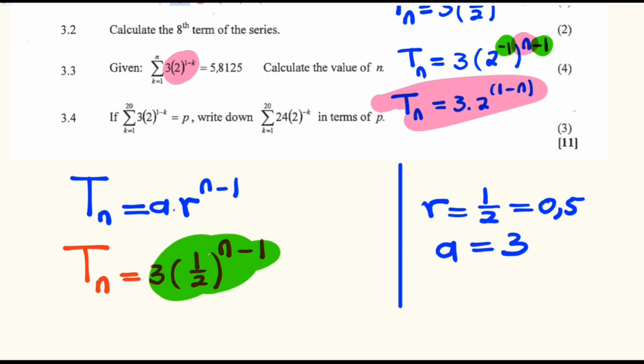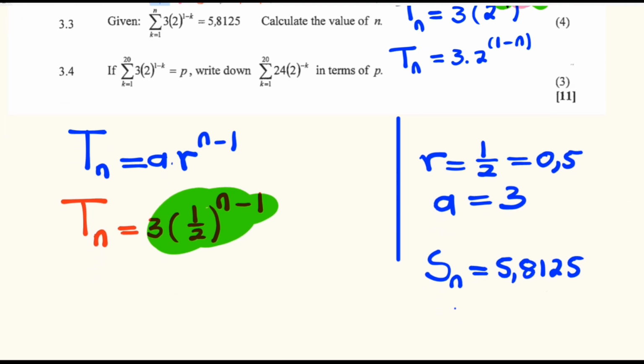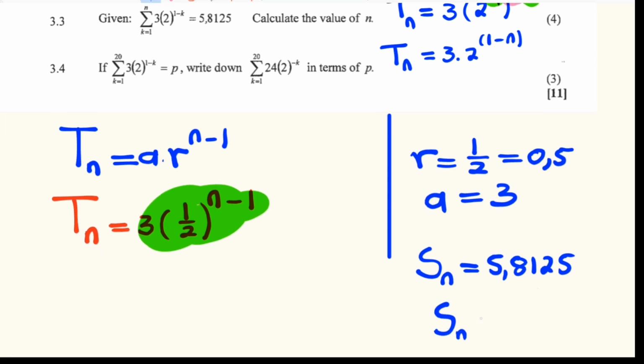We already have a is equal to 3 and r is equal to 1 over 2. So our Sn, our sum to n terms, is equal to 5,8125. And this 5,8125, we can write it as 93 divided by 16.